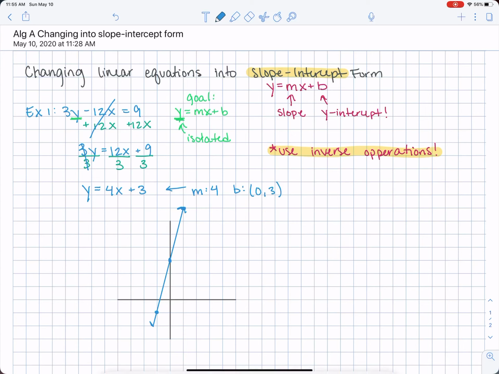This is the same exact line: 3y minus 12x is equal to 9, or we can also write it as y is equal to 4x plus 3. Either one, they mean the exact same thing. They look different, but they mean the exact same line. Okay, now let's work with example 2.